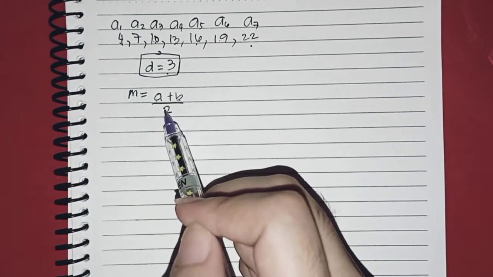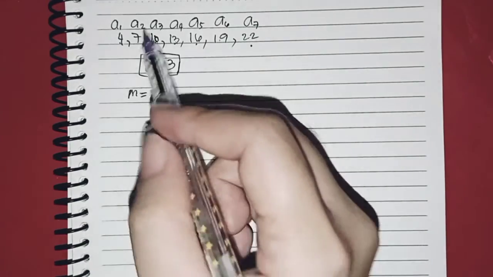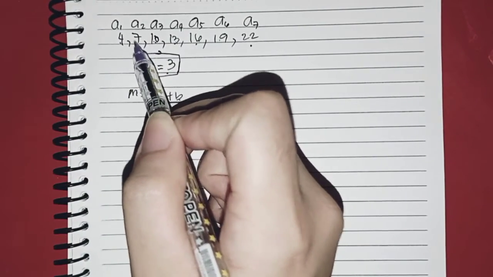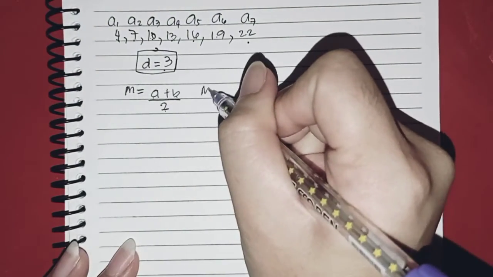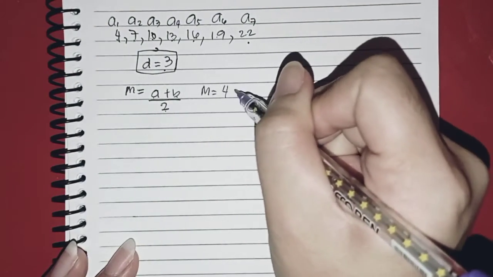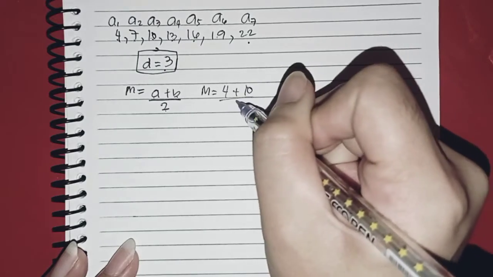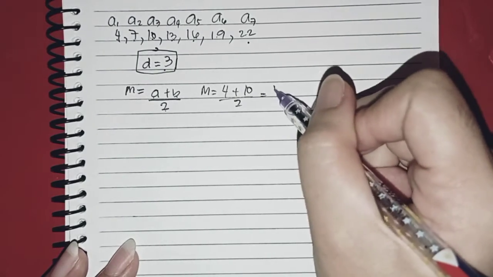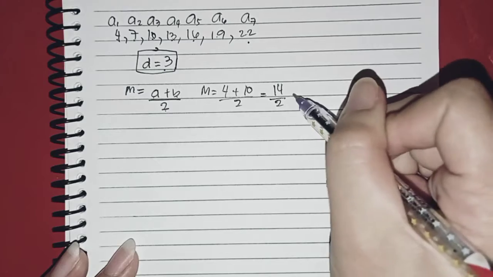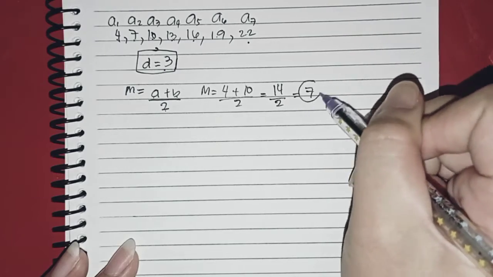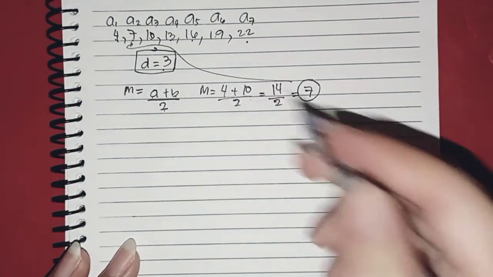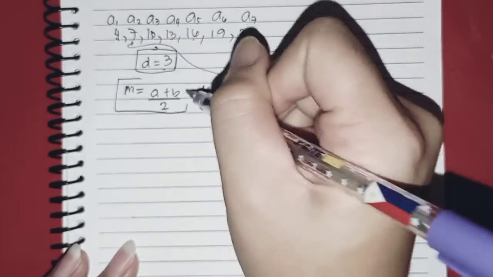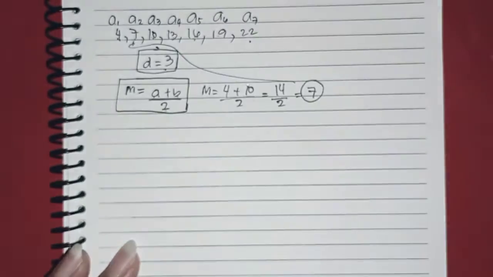And we divide it by 2, we get the result of their middle, that is 7. So let's try. M is equal to 4 plus 10 divided by 2. 4 plus 10, that is 14, divided by 2, that is 7. And we got it right. Again, this is our formula for our arithmetic mean.